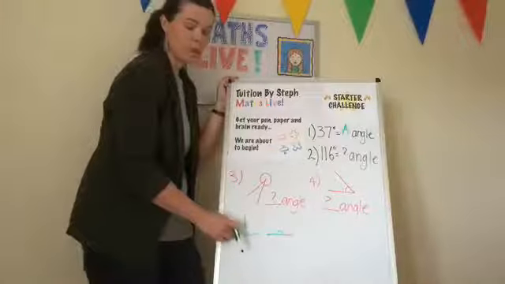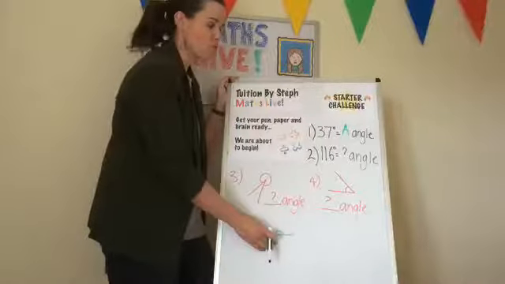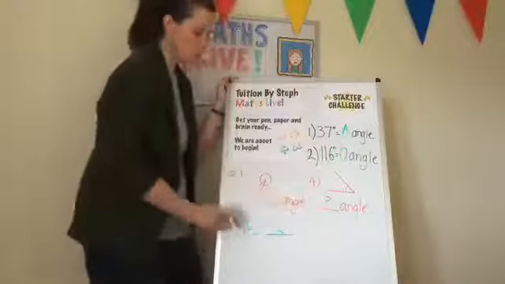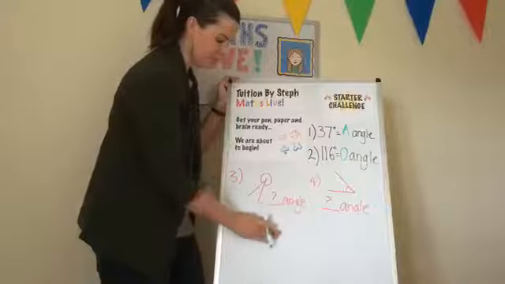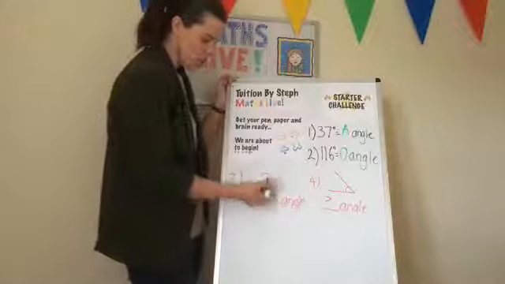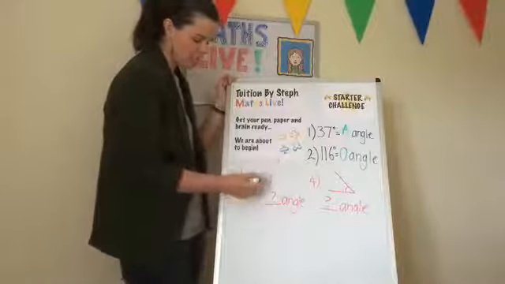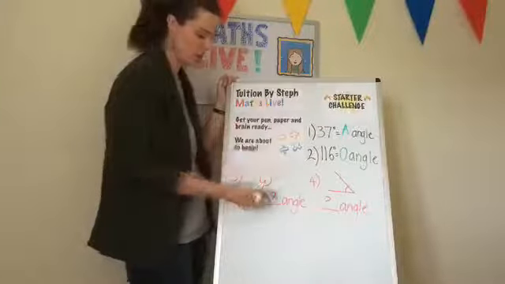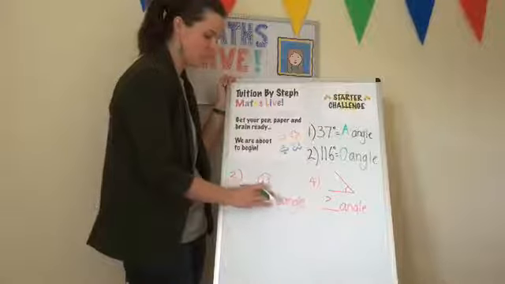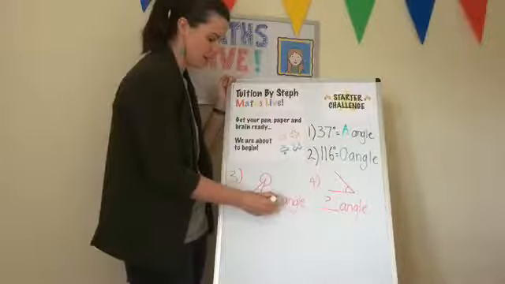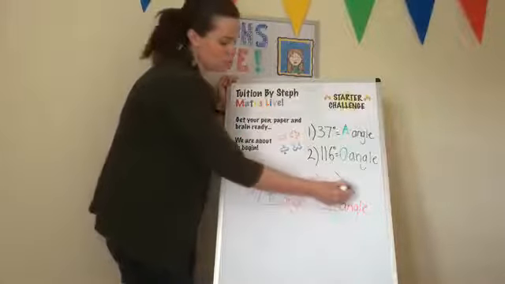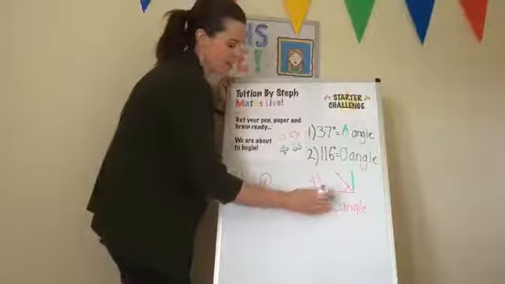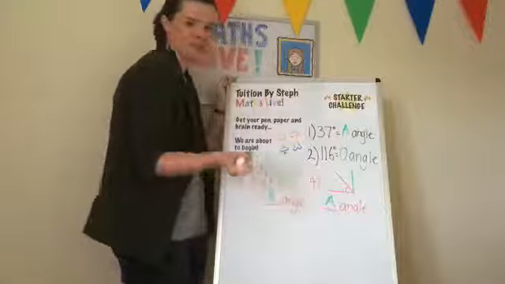So it's bigger than 90, but smaller than 180, so it has to be an obtuse angle, an O angle. Now with this one, you can see that it's bigger than 180 degrees. It's this part here, the circular part, that tells us which part of the angle we're looking at. So this is the reflex angle, really big. And this one's only small. You can clearly see that it's less than 90 degrees. So it is an acute angle.